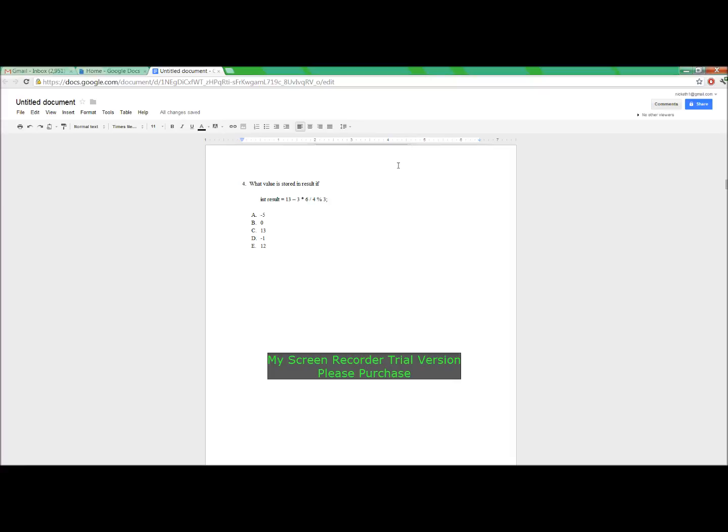So first you go through 3 times 6, and then divide by 4, mod by 3, and then 13 minus all of this. So 3 times 6 is 18, and then you divide by 4. Mod 3 is 1, because when you divide 4 by 3, you have a remainder of 1. And then you do 13 minus all of that, which is 12, which is E.